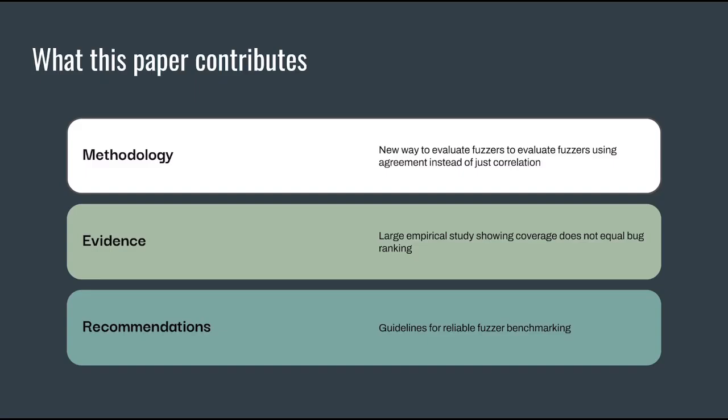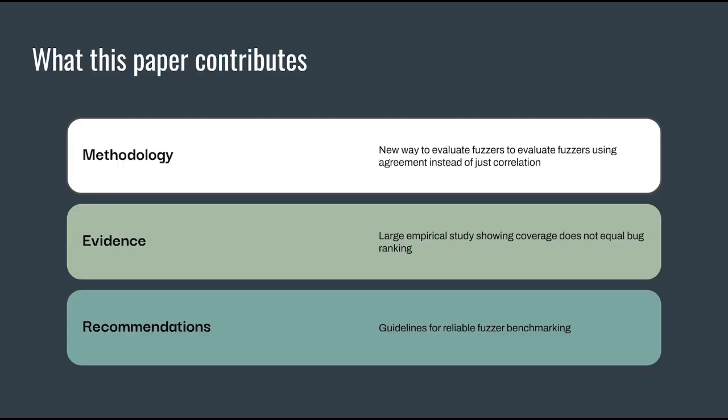Now that we understand the motivation, let's see what this paper actually contributes. First, the authors introduce a different way of evaluating fuzzers. Instead of only measuring correlation between coverage and bugs, they measure agreement, which is whether coverage-based evaluation actually produces the same conclusions as bug-based evaluation.